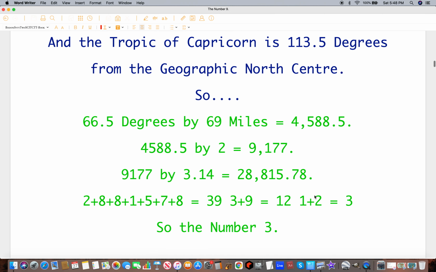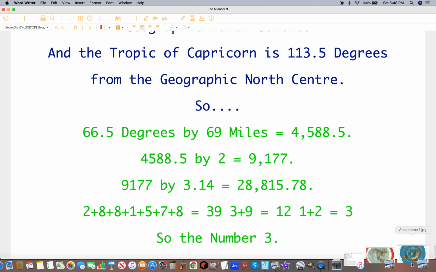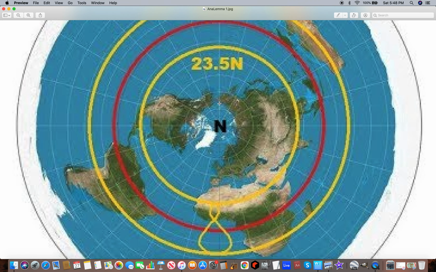So now the calculations. This is what I'm doing. We're going to take a straight line distance from the north centre to the Tropic of Cancer. I would like this to be a bit clearer, but as long as you can see it, there's 2 yellow and a red line. We take the straight line distance from the north centre to the Tropic of Cancer as a radius. Then we'll make a diameter and a circumference out of that.